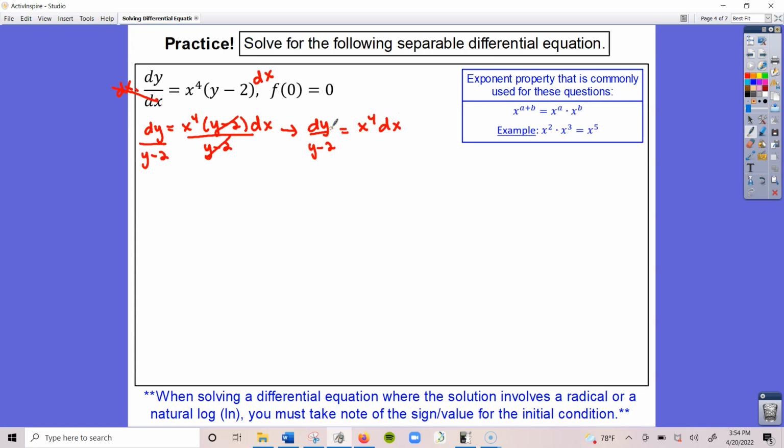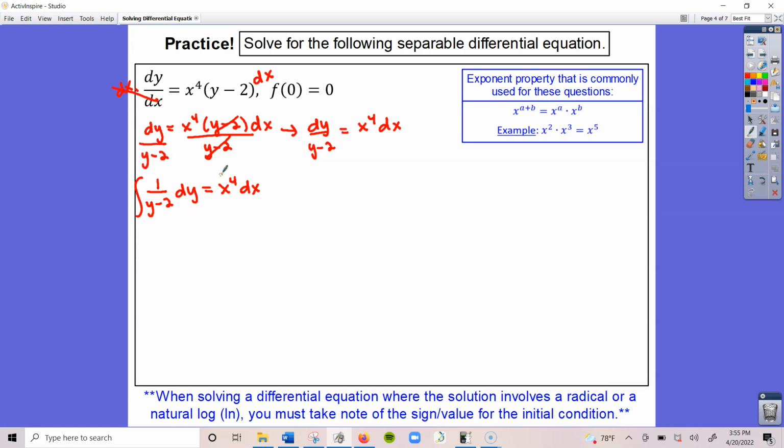Now with this question, it's difficult to see how to integrate this side, but I can move dy off to the side, and I can rewrite this as 1 over (y minus 2) dy is equal to x to the 4th dx. Because if I multiply 1 over (y minus 2) with dy, that would give me this. So I can separate it so that way it's easier to see how to integrate.